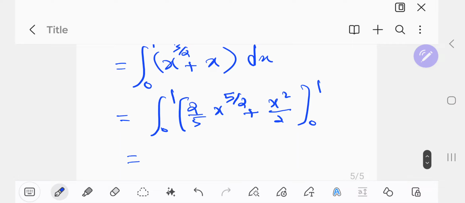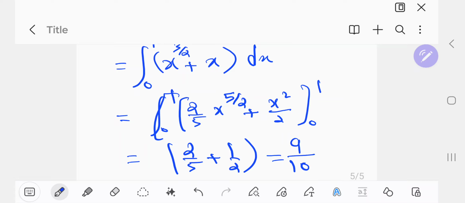Okay, this is 2 by 5 plus 1 by 2, which is 9 by 10, right.